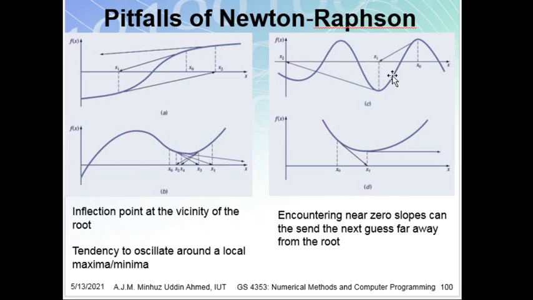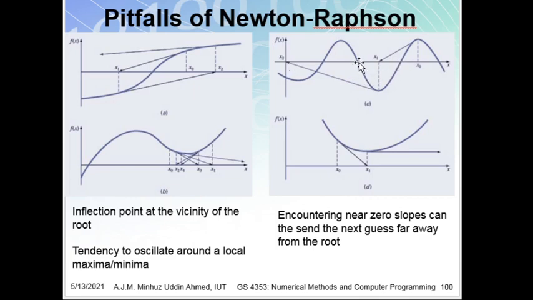See this particular example, which is a sinusoidal or oscillating curve. The problem arises here if you start from this initial guess. This slope will give you there, this slope will give you there.